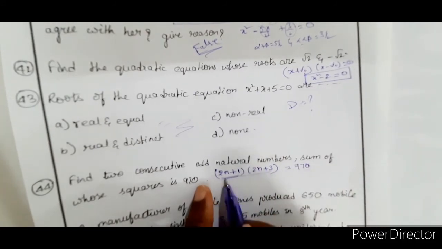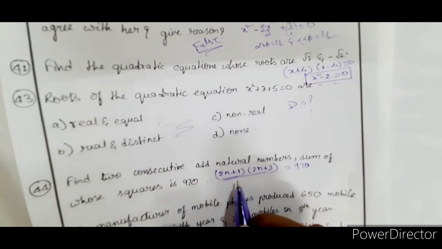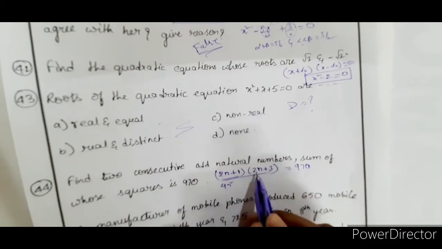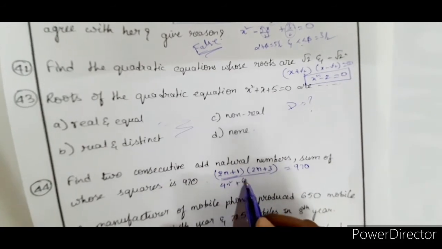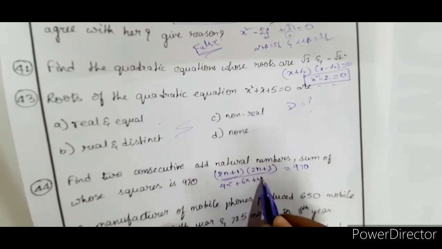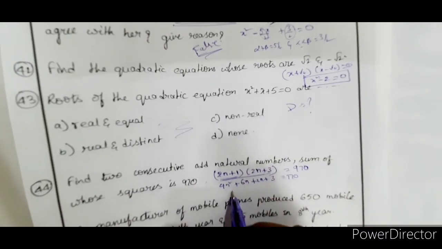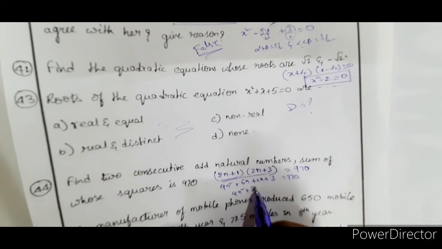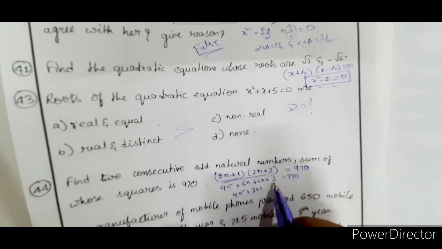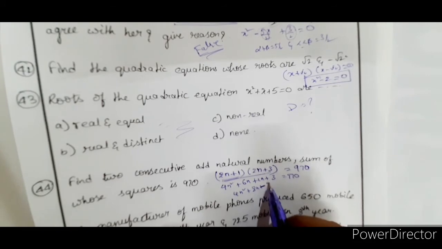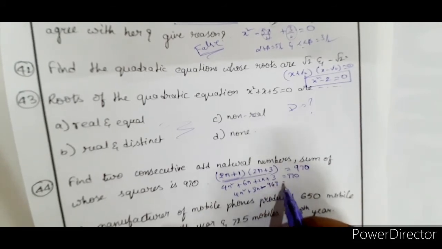This is the required form of the equation. Now expanding this one, you will get 4n square plus 6n plus 2n plus 3, which is 4n square plus 8n plus 3 minus 970, that means minus 967 is equal to 0.